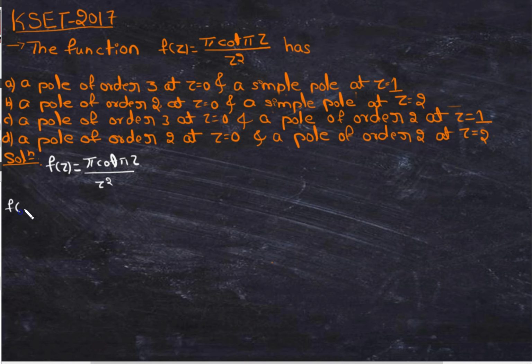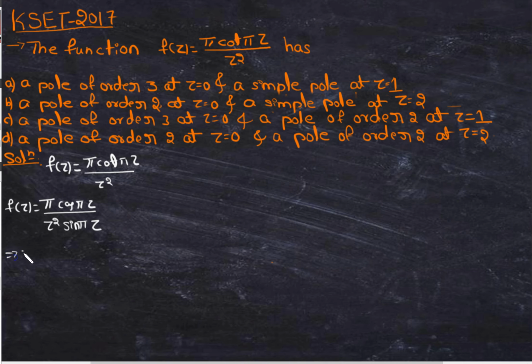I will rewrite this function f(z) as pi cos pi z divided by z square into sin pi z. Now this function fails to be analytic if the denominator is equal to 0.